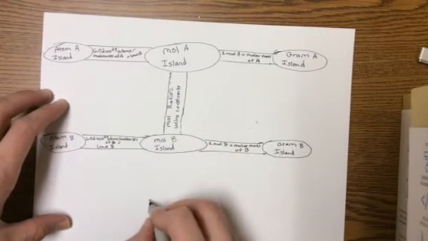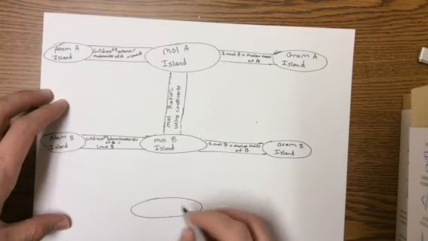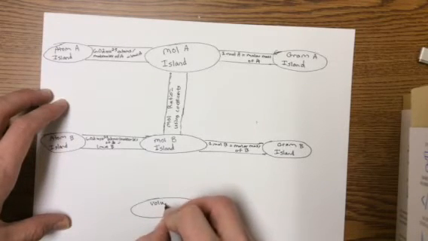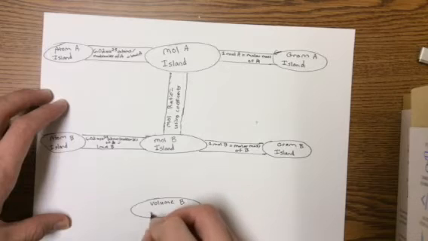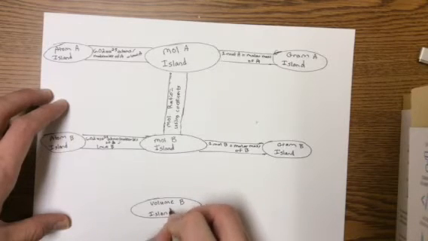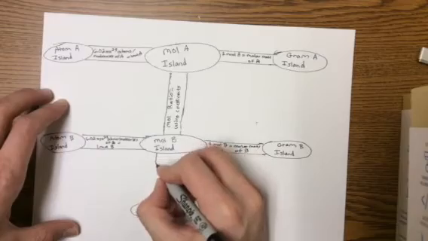Mole B island discovered there's another island down here called Volume B island. And they built a bridge over there.